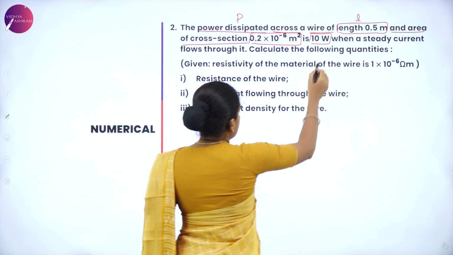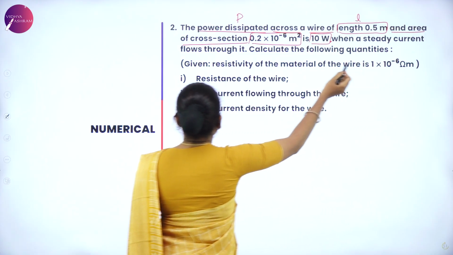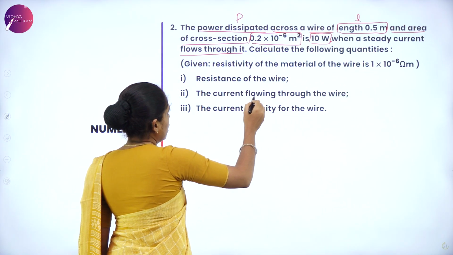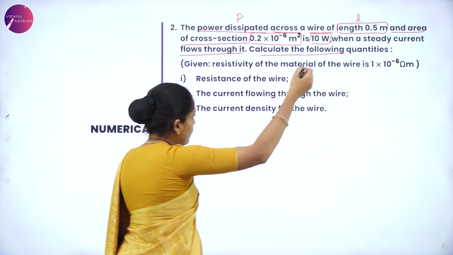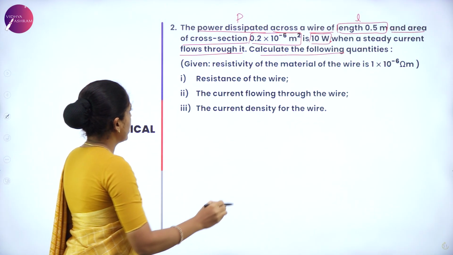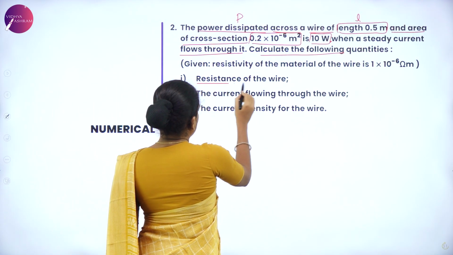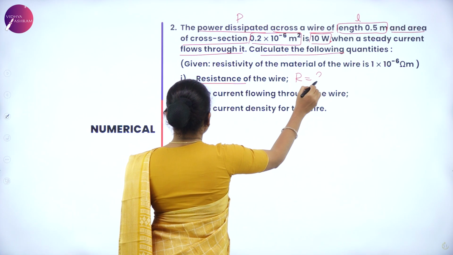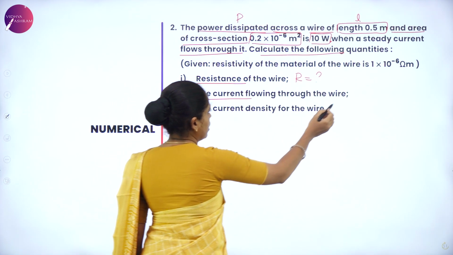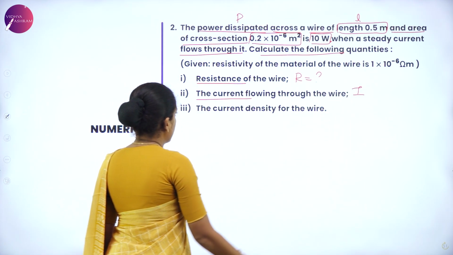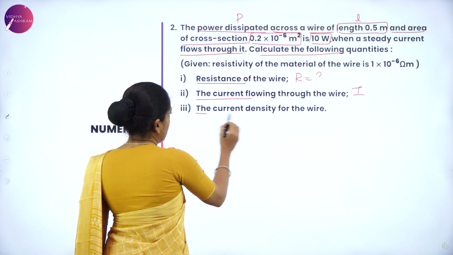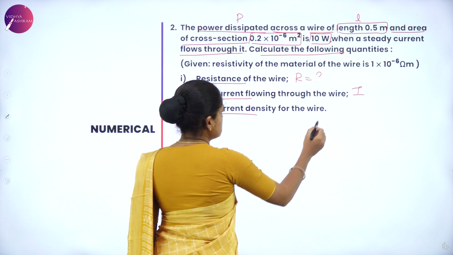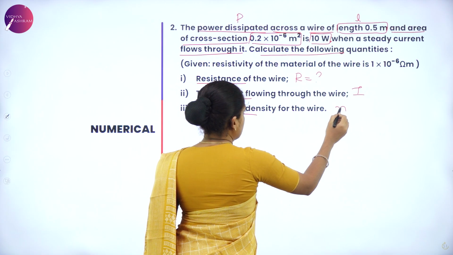When a steady current flows through it, calculate the following quantities. What are the quantities we need to calculate? One is resistance. The second one is current I in the wire, and the last one is current density of the wire, that is J.